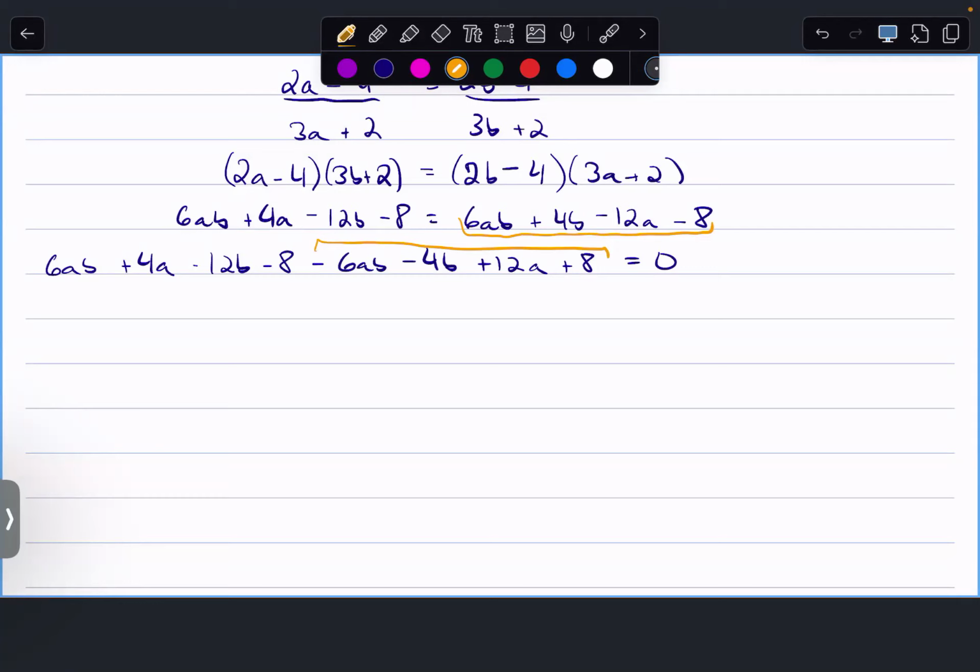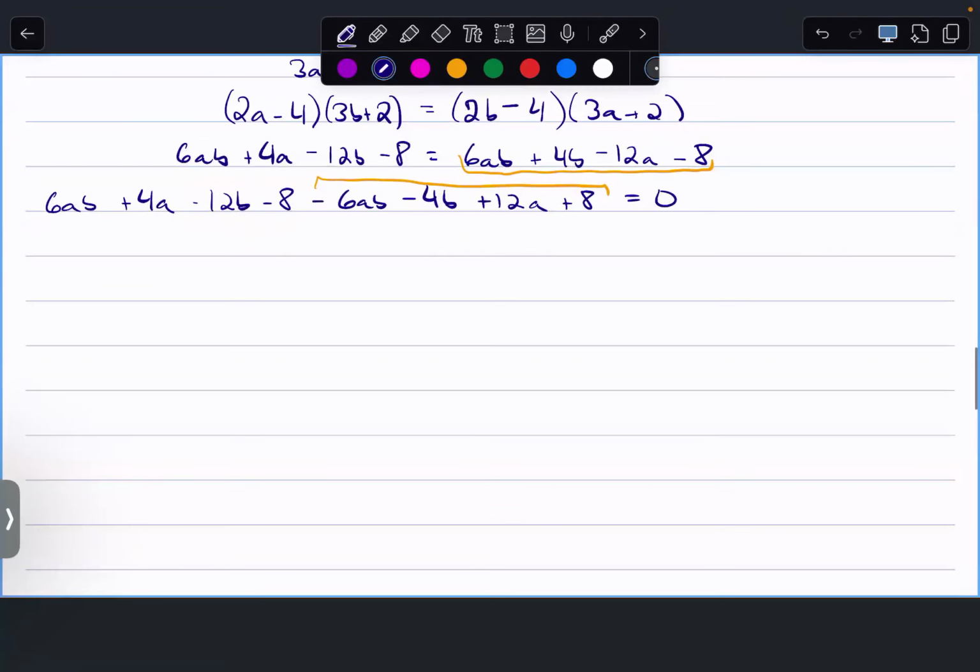You don't have to write out the step where you're collecting like terms. You can just go for it. I am going to, just so you can follow the work: 6ab minus 6ab, just rearranging. Plus 4a plus 12a minus 12b minus 4b minus 8 plus 8 is equal to 0.